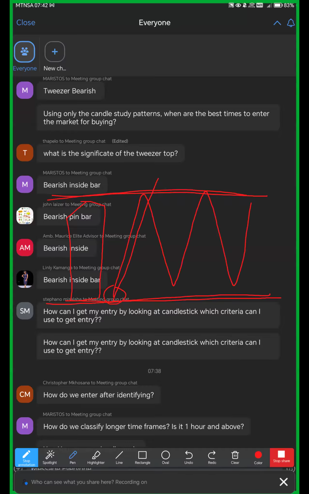If you know how to draw this, you're going to be preparing to enter here. When it goes up here, you exit. You wait for it to come down. When it comes down here, you are sure that it is supported. It's not going to break this line. Then you make your entry here.